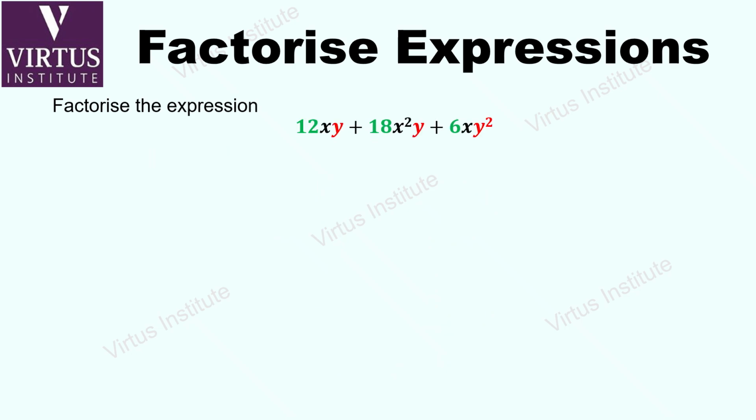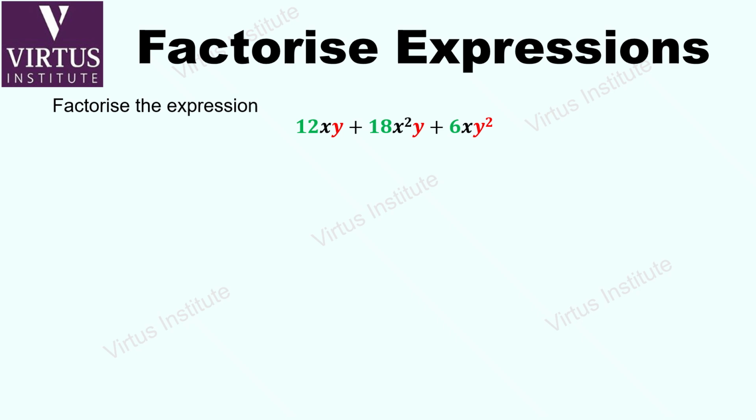Let's factorize another expression: 12xy plus 18x squared y plus 6xy squared. This expression has three terms: 12xy, 18x squared y, and 6xy squared.